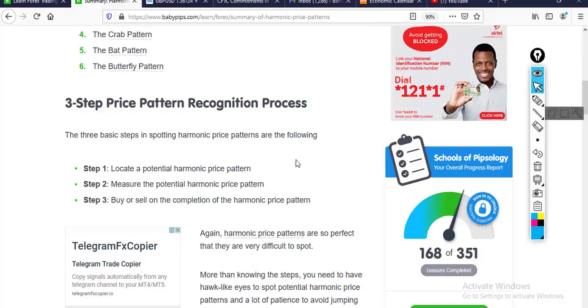The very first step is to locate a potential harmonic price pattern. The second step is to measure the potential harmonic price pattern using your Fibonacci retracement and extension levels, and the third step is to buy or sell the completion of the harmonic price pattern.